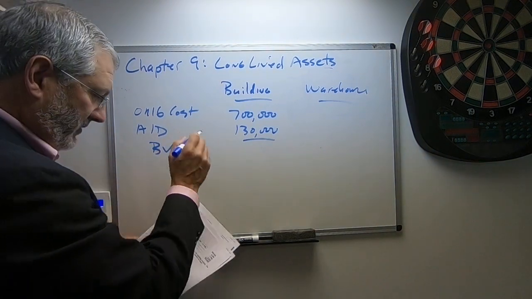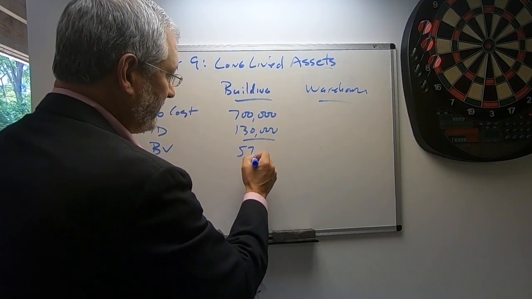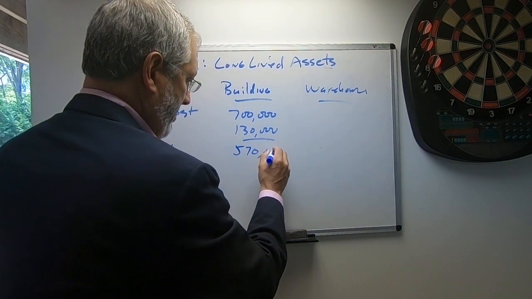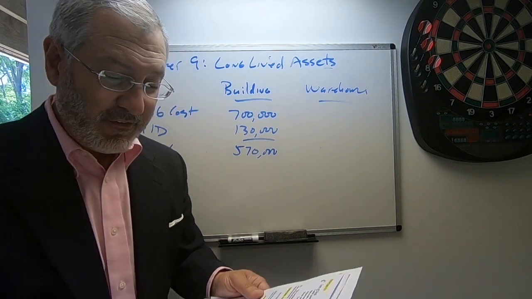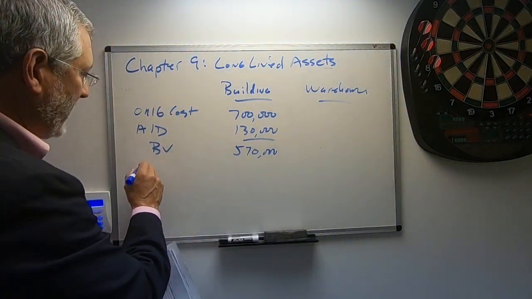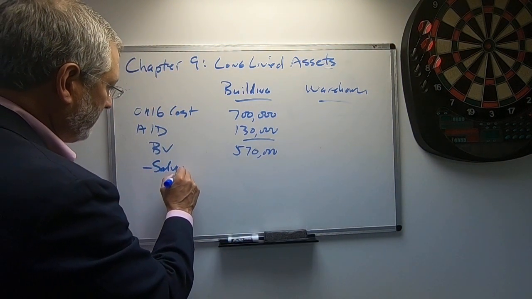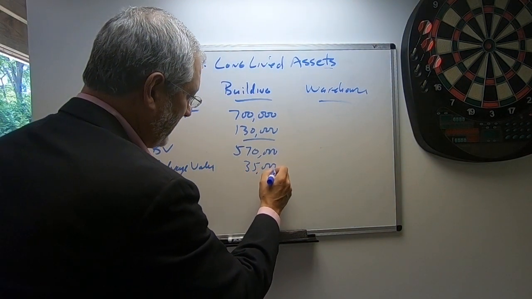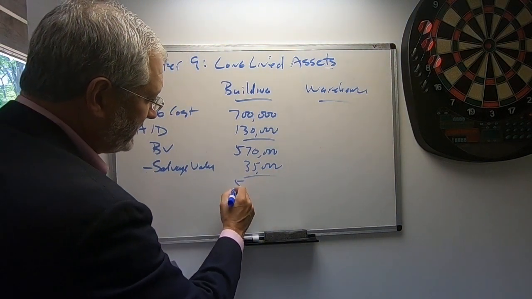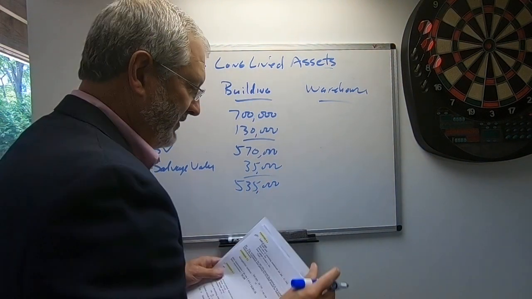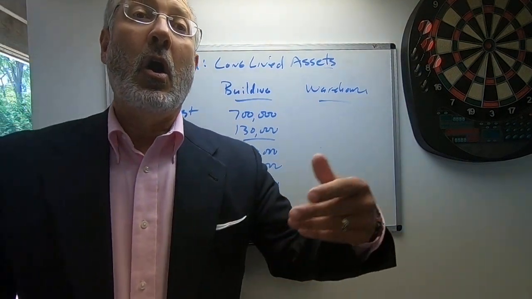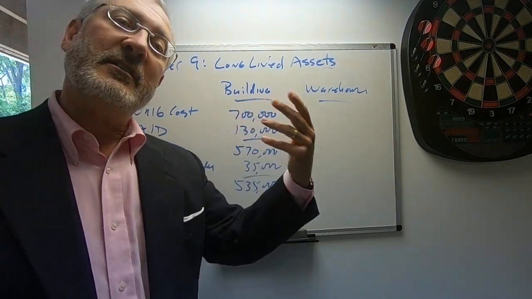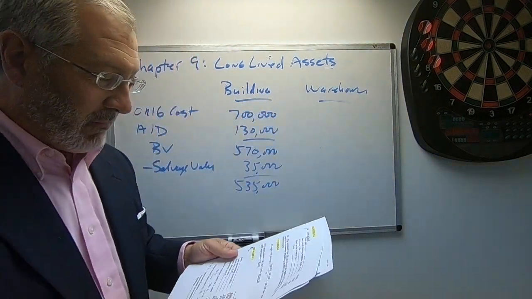So the book value is $570,000. Then we've got to subtract the salvage value. The new salvage value is $35,000. So they're going to depreciate $535,000 over, so that's the book value minus the new salvage value. We've got to divide that over the remaining number of years.